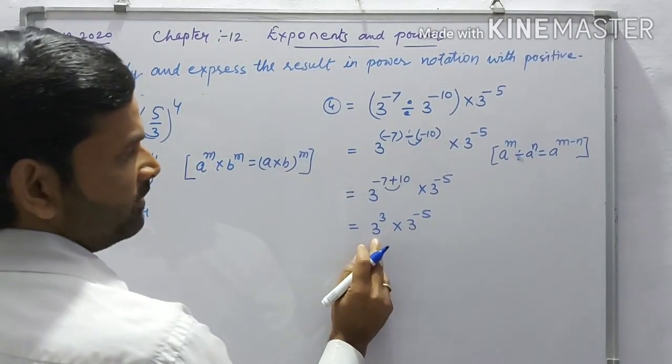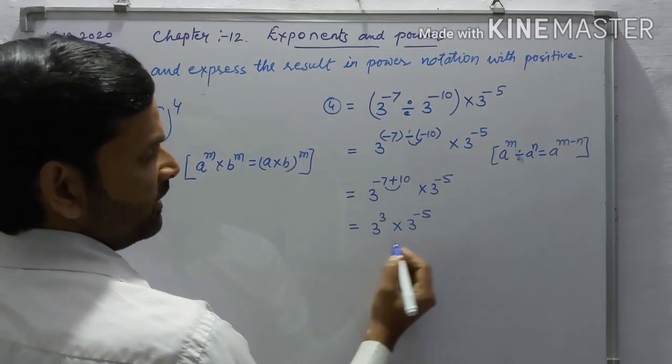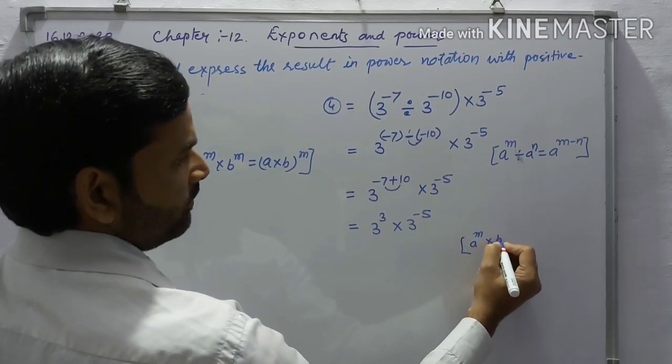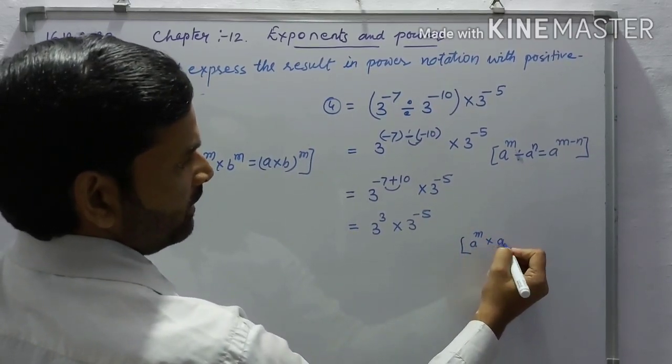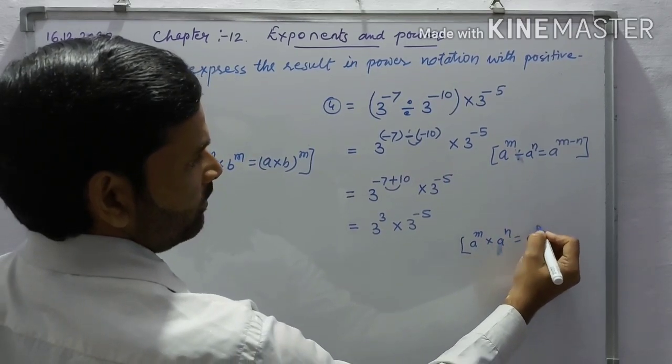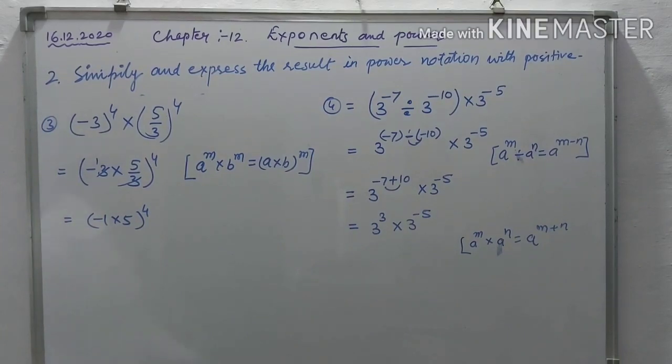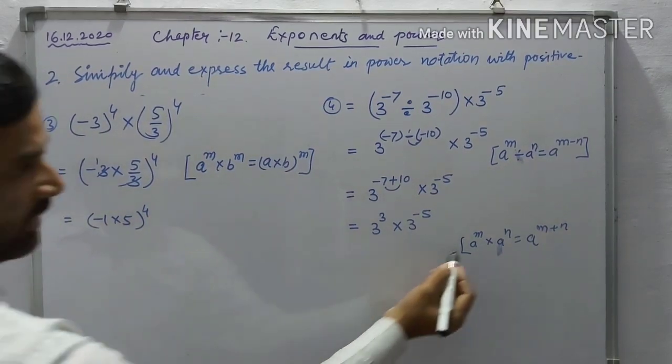Again the bases are the same and the powers are different. Which formula is used? a^m into a^n is equal to a^(m+n).